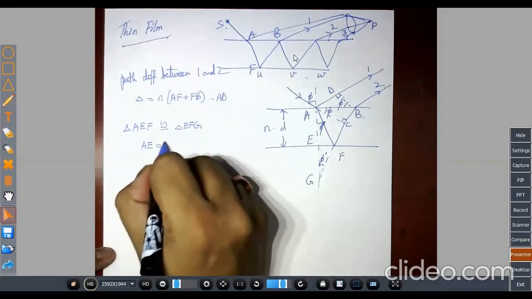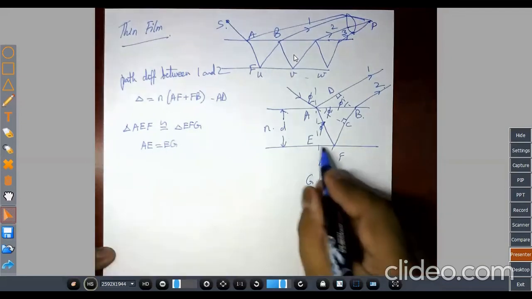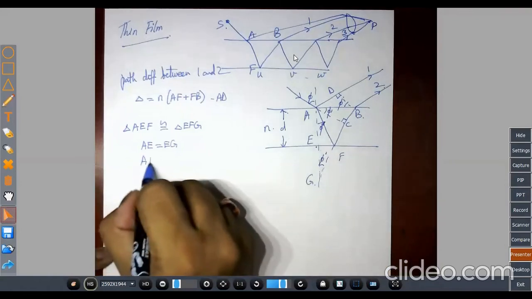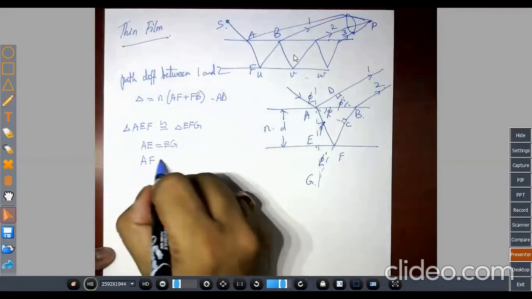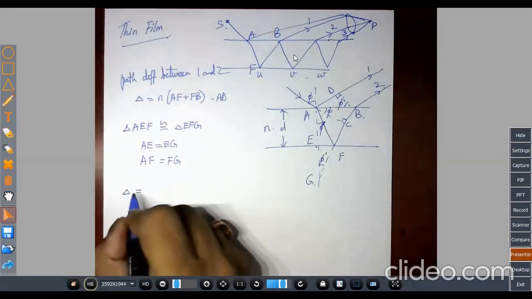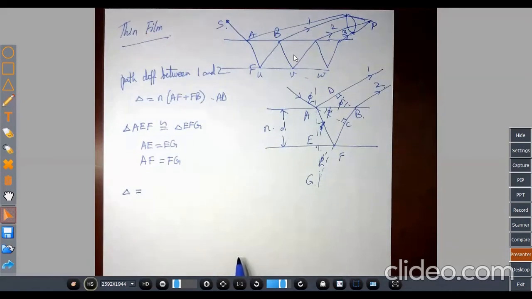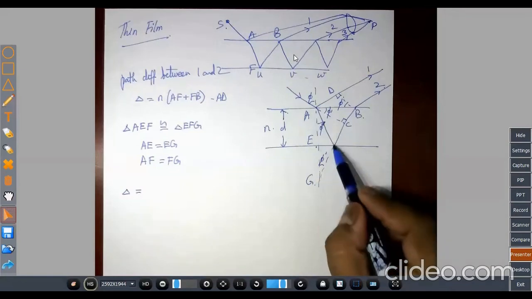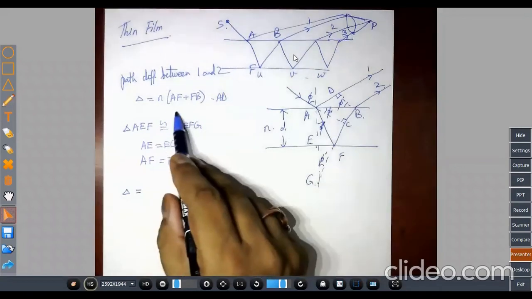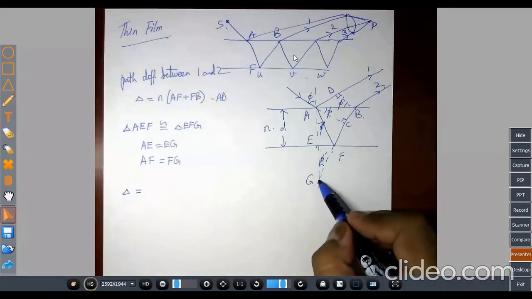Therefore, AE is equal to EG. And AF is equal to FG. So we can write AF as FG.